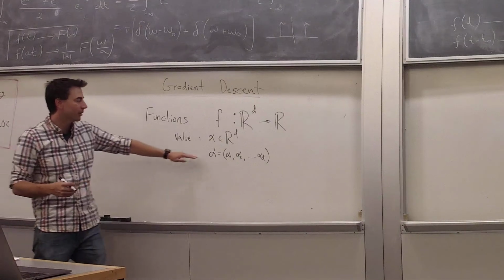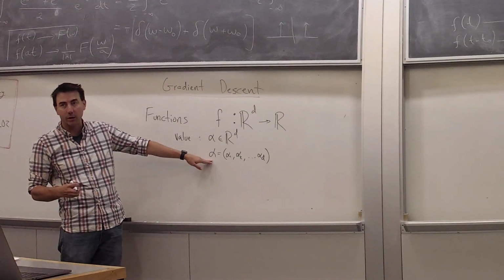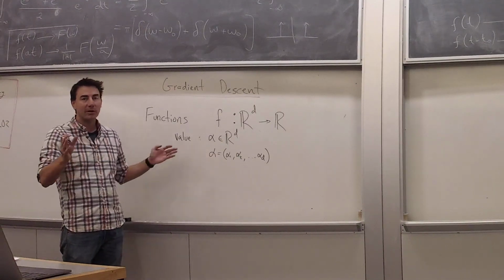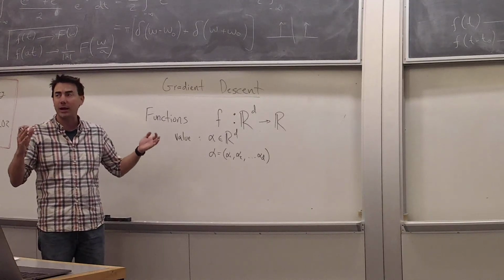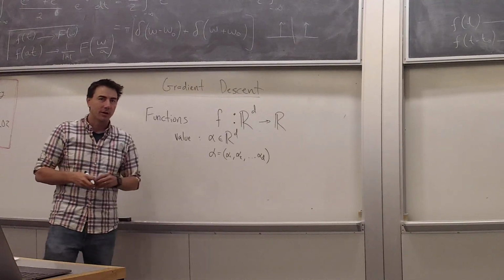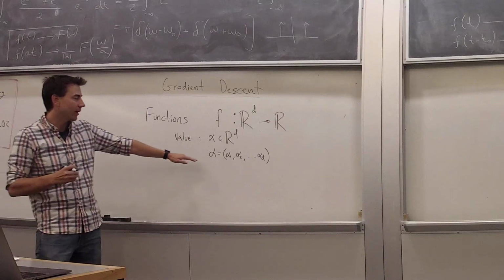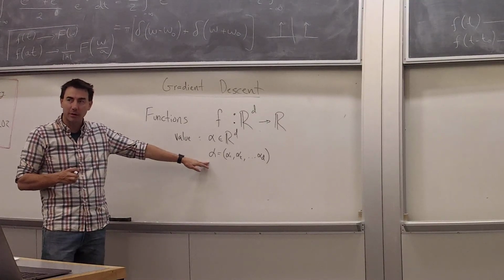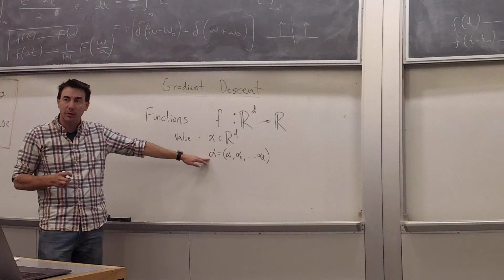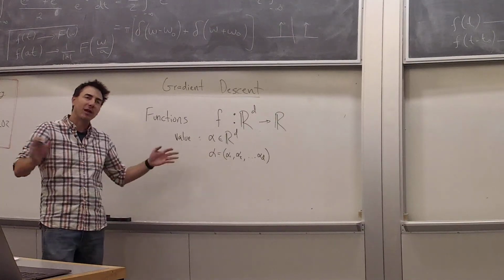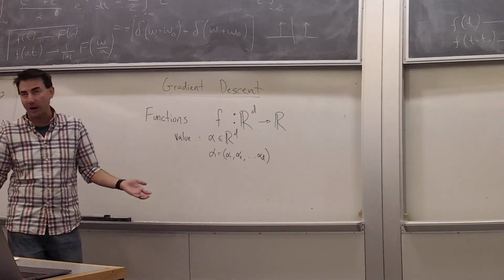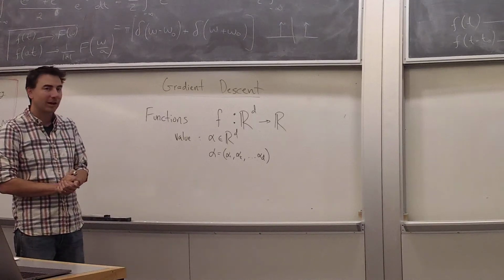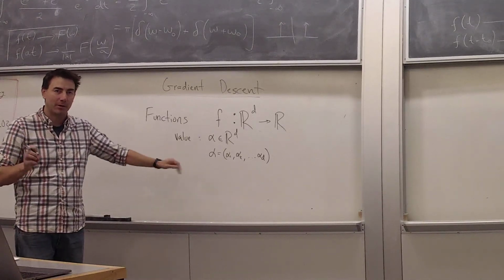This is the parameters of a model which we're learning, the same way as the coefficients in linear regression. I use this for the coefficients in the linear regression model; that's the same alpha we're going to be using here. For this lecture, it's just going to be an abstract vector, but in general, it's going to be some model parameters.